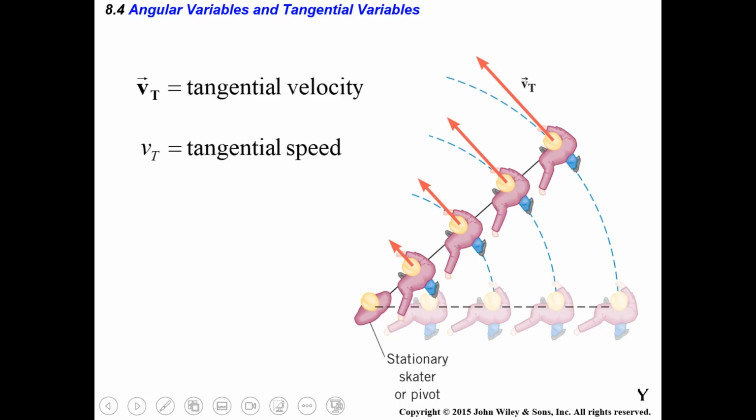So my last section for today is going to be on relating the angular quantities to the linear quantities defined before. So for example, we have defined the angular speed, right? And the angular acceleration and the angular displacement.